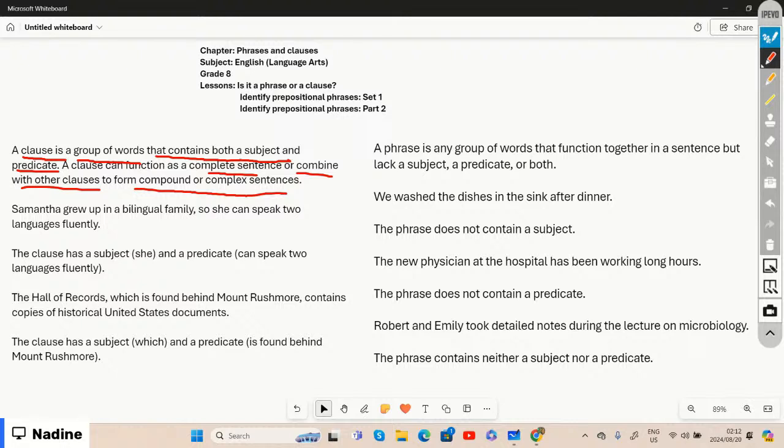So we said that the Hall of Records, which is found behind Mount Rushmore, contains copies of historical United States documents. And if we look at that specific sentence, we can say that the clause has a subject, which is which, and a predicate is found behind Mount Rushmore. Right, so that is a clause, which is a group of words that contains both a subject and a predicate.